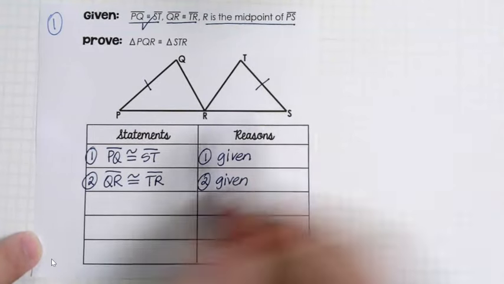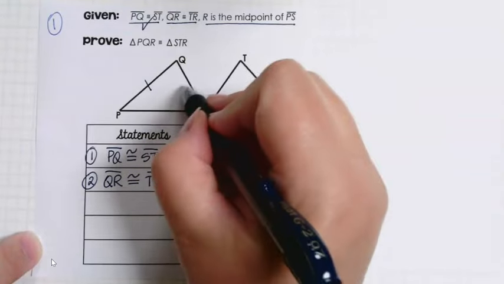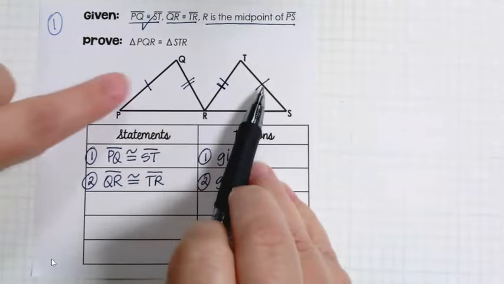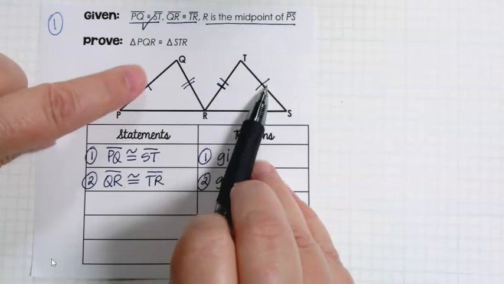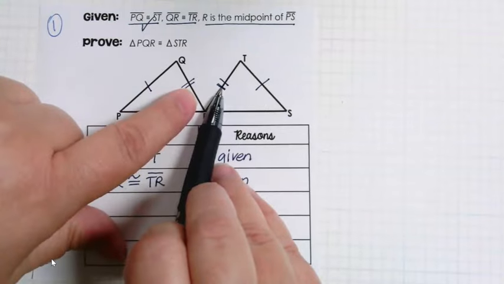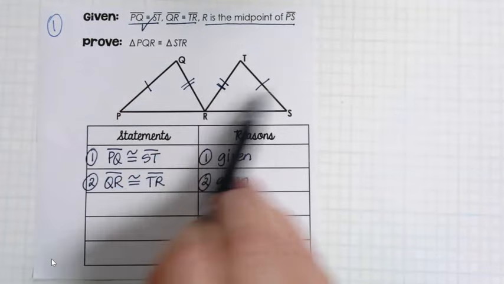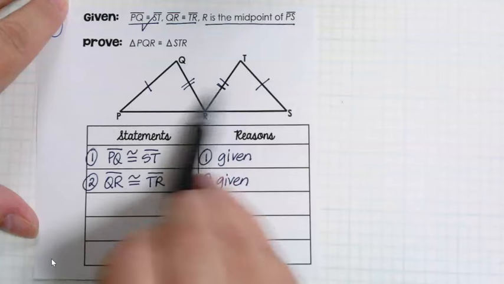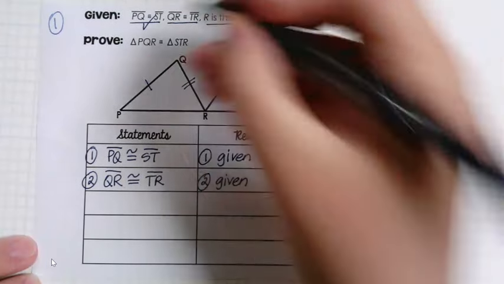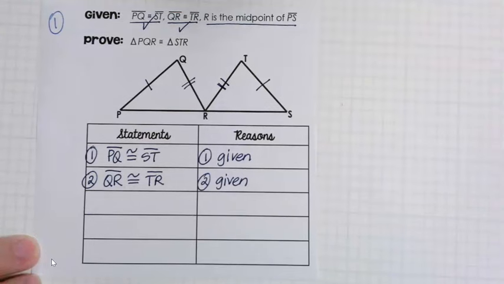And I'm going to go ahead and mark that, QR and TR, here and here. Notice that I use a different type of marking than I did for these two, because let's say these could both be 8 centimeters and these could both be 4 centimeters. They're not the same as each other. This pair is the same and this pair is the same. Okay. So I've used the second piece of given information.